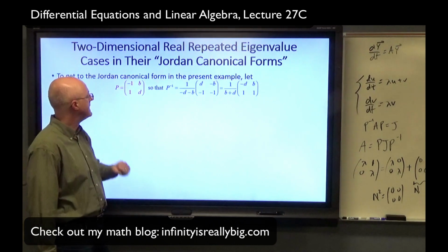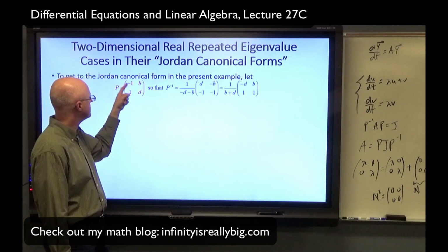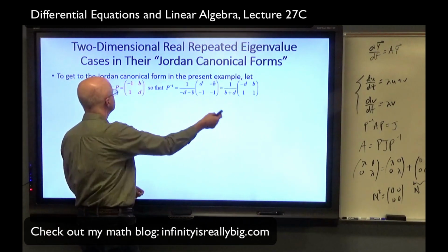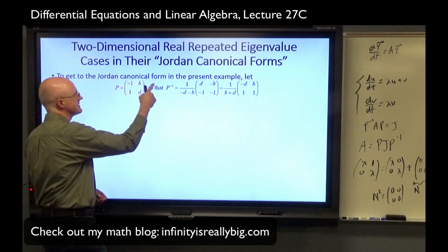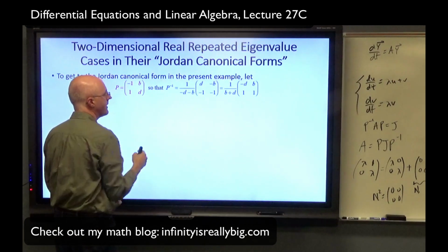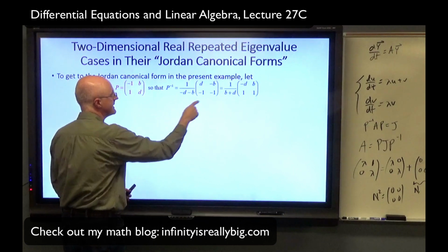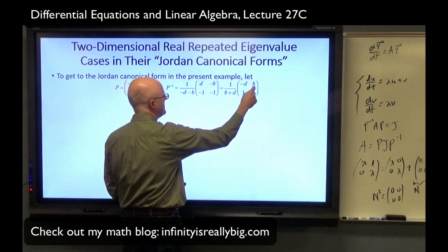Here's the formula for P inverse: 1 over the determinant of the matrix. The determinant of this is negative D minus B. Swap the numbers on the main diagonal, so the D and the negative 1 get swapped. Negate the numbers on the off diagonal: put negative signs in front of the B and the 1 to get negative B up here and negative 1 down there. But then I can multiply through by negative 1 to get B plus D in the bottom, and negate all these things to get a negative D, a B, a 1, and a 1.